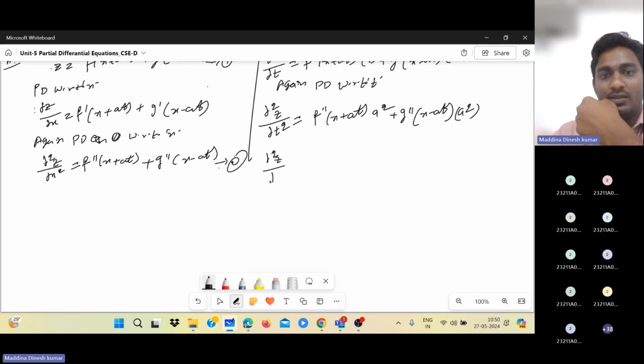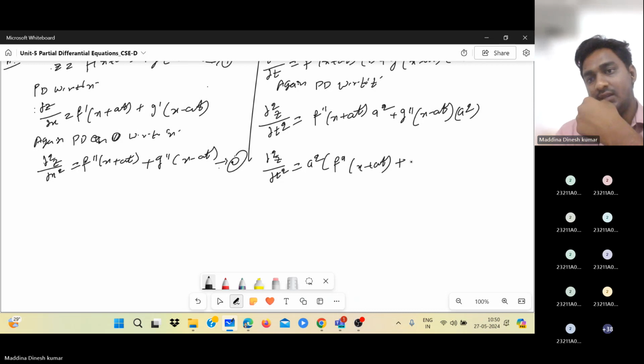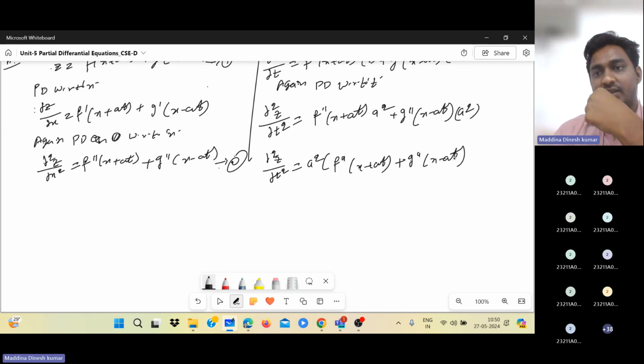Dou square z by dou t square equals a square, f double dash of x plus at plus g double dash of x minus at.